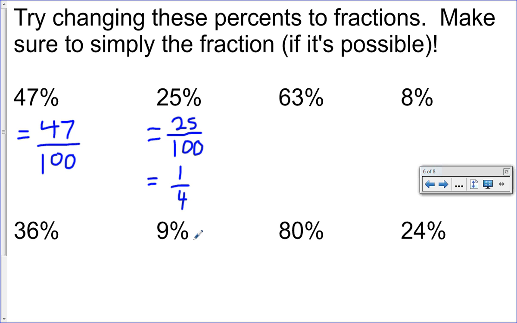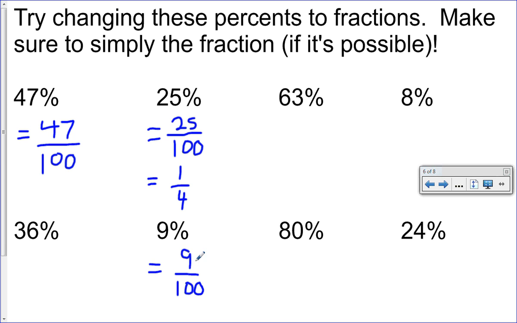Okay, let's look at the one directly underneath, 9%. Again, quite simply, I'm going to make 9 my numerator. I'm going to make 100 my denominator. And folks, I want to point out a common mistake.